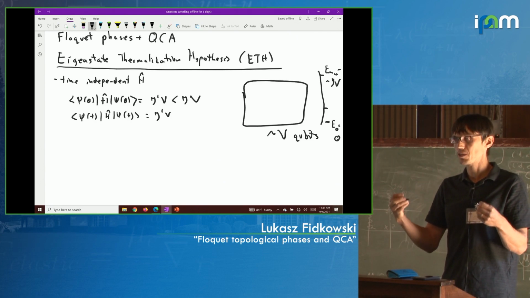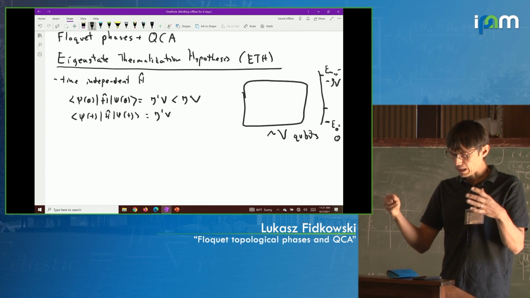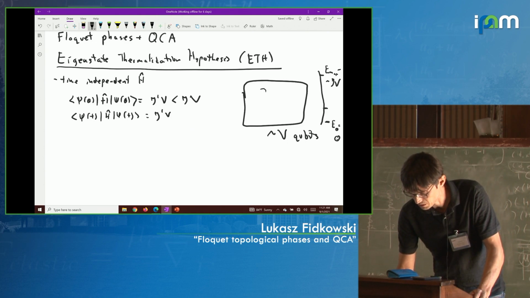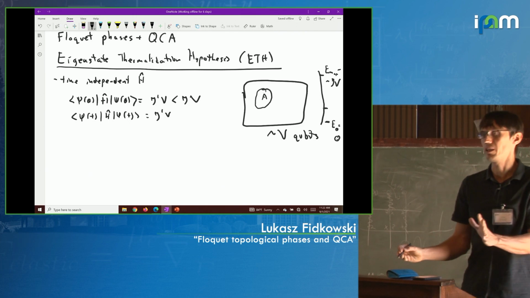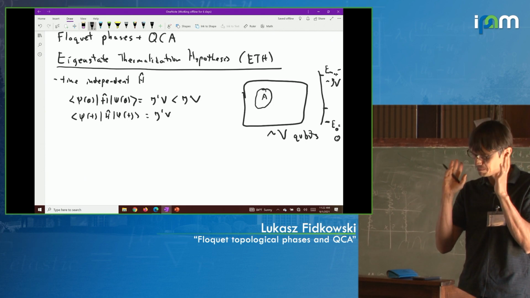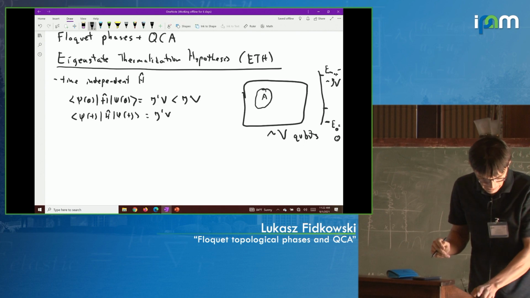The eigenstate thermalization hypothesis tells you about the evolution of the reduced density matrices of the state on small regions. I'm going to be vague about what I mean by small, some small fraction of V, let's say. It could be order 1. I think it works up to a half or something, but let's just take a tenth or something.